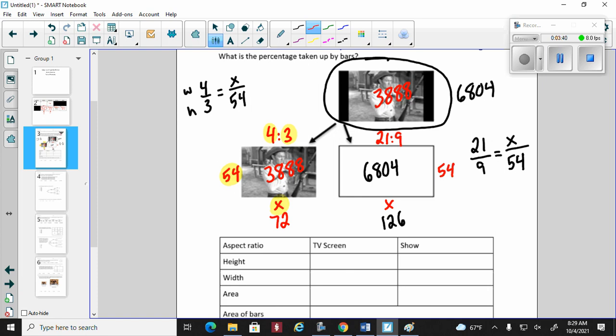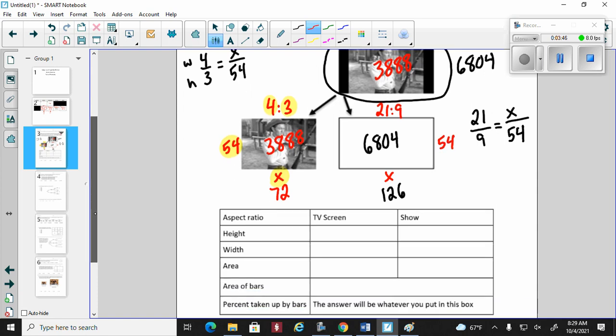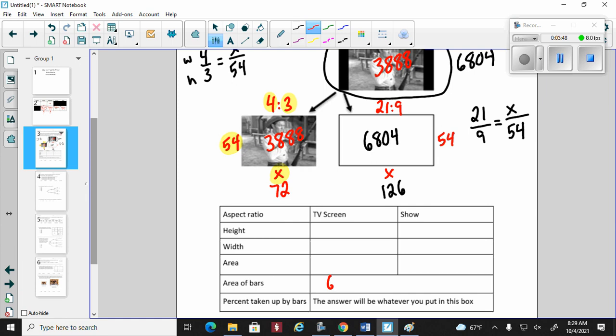The black bars is the difference between the two. So to find the area of the black bars, you simply take the total area, 6,804, subtract the area of the man, and you end up with 2,916. This is the area of the black bars.